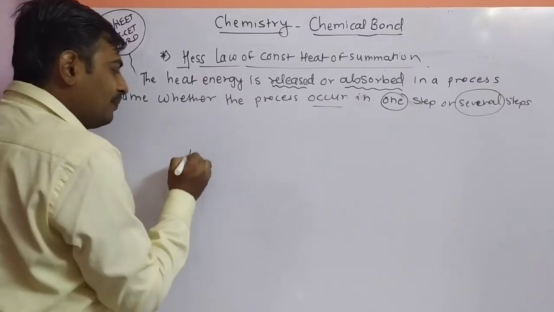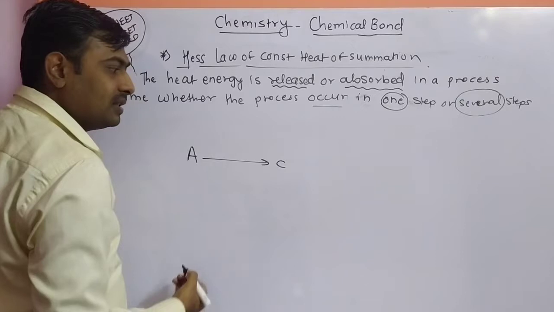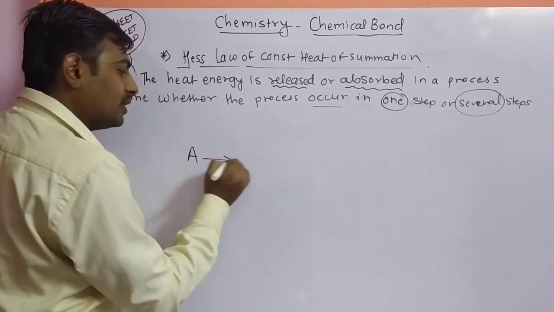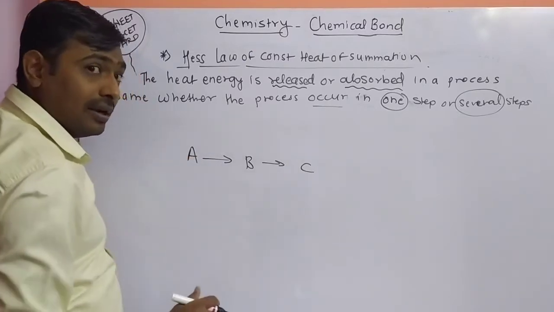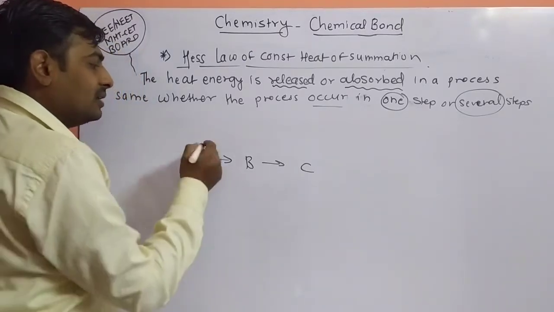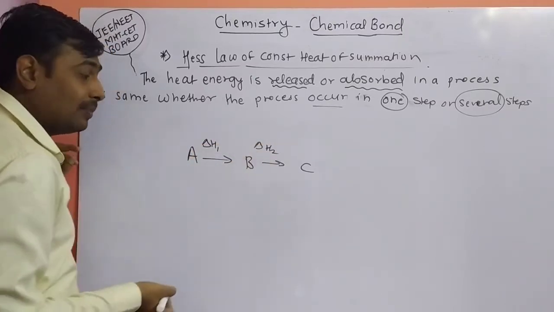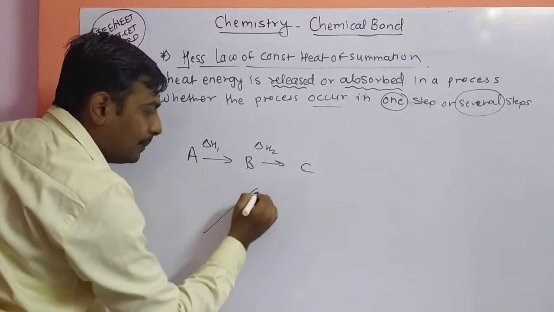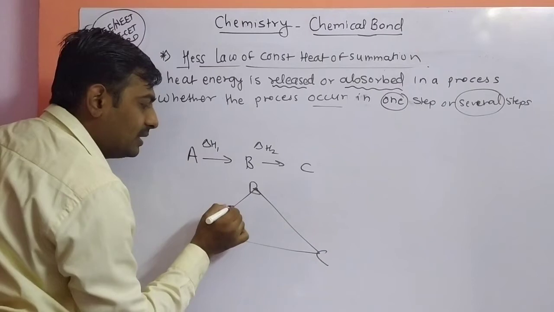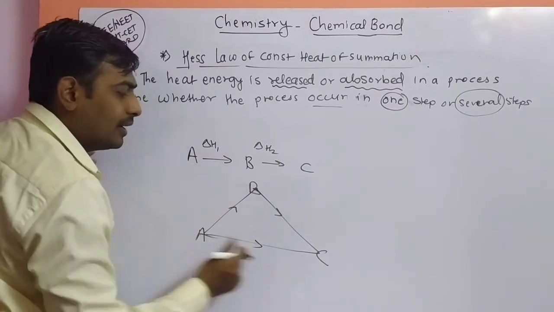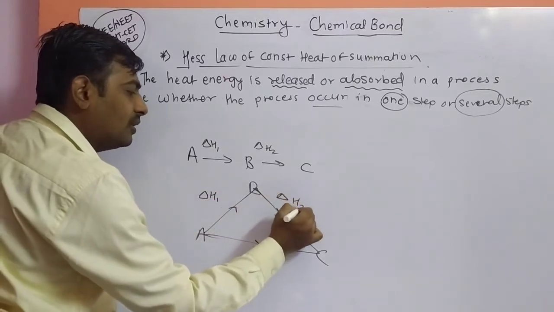We will see an example. If A is converted into C via B, it means first A is converted into B, and B is converted into C, so overall A is converted into C. The energy required for the first process is H1, and for the second process is H2, so that is the enthalpy. When you draw the triangle, A is converted into C via B, or you can directly convert it.